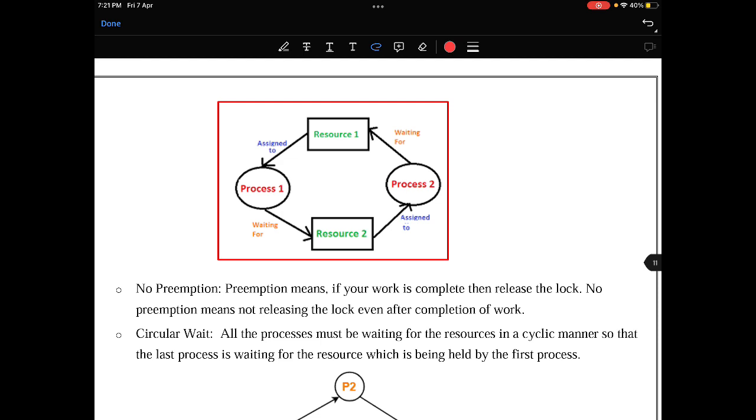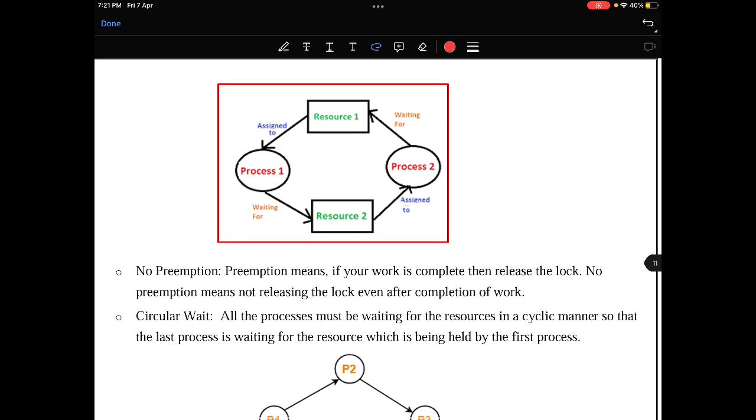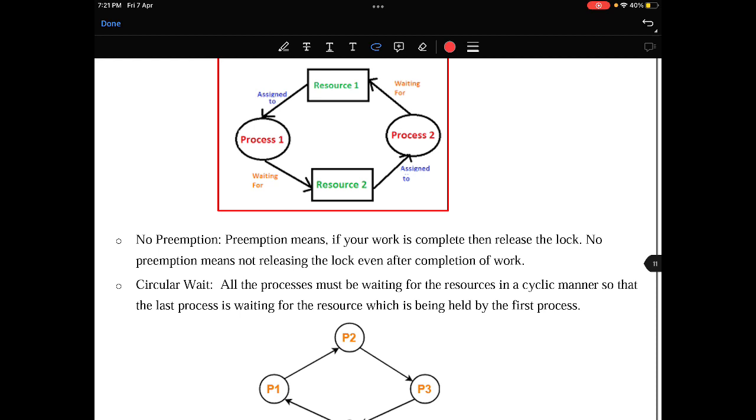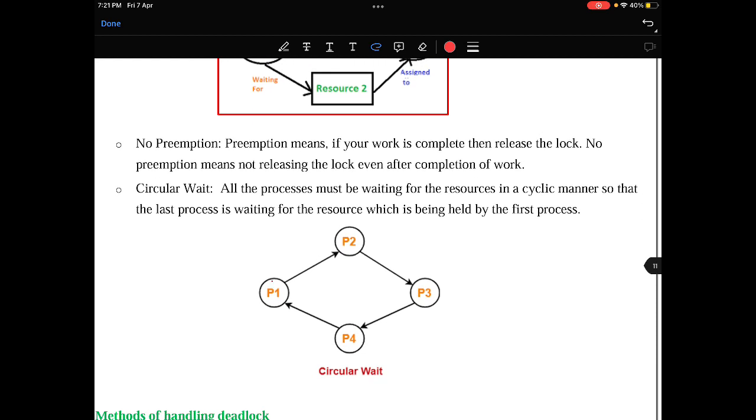Circular wait is just like hold and wait. The condition is that it is cyclic in nature. For example, suppose P1 is waiting for P2 to release the resource, P2 is waiting for P3 to release the resource, P3 is waiting for P4 to release the resource, and P4 is waiting for P1.